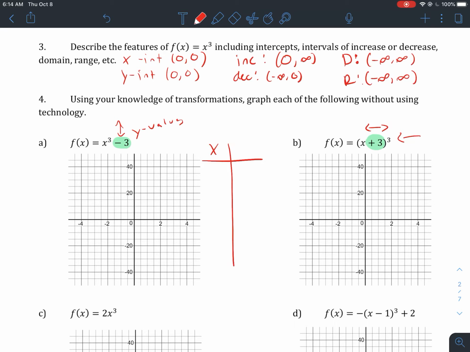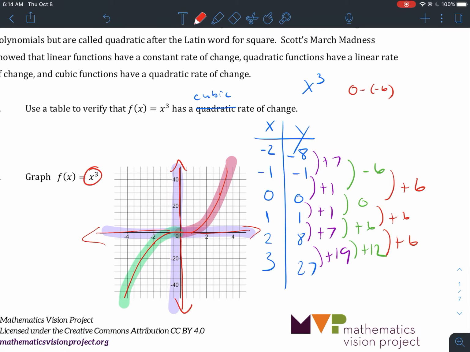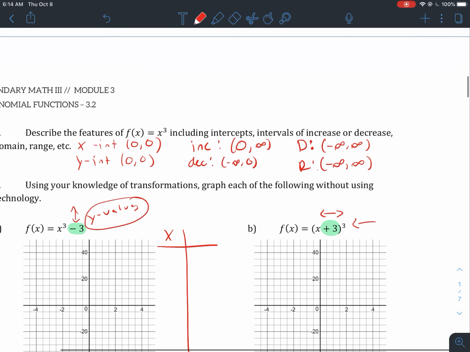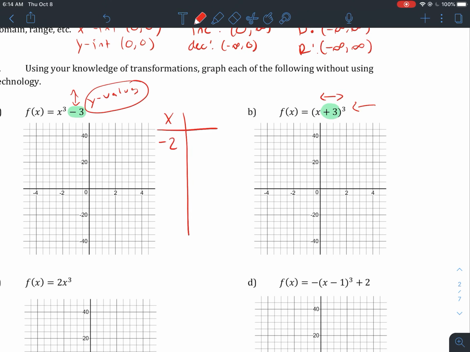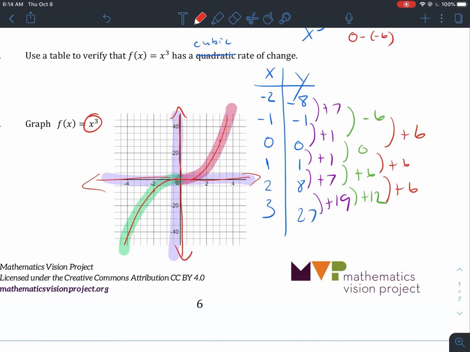So I'm going to go ahead and plot some points. Since I know it's just my y values getting changed, I'm going to take my numbers here and just shift my y values down by 3. All right. So we've got -8, -1, 0, 1, 8, and 27.